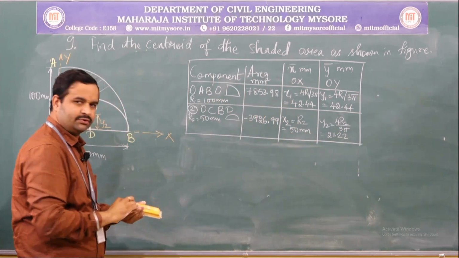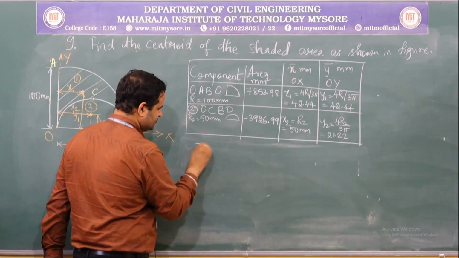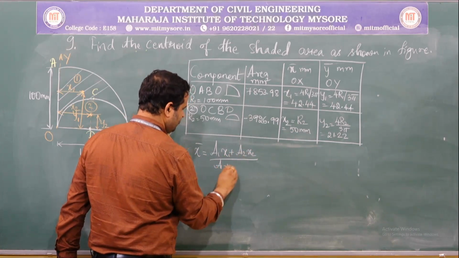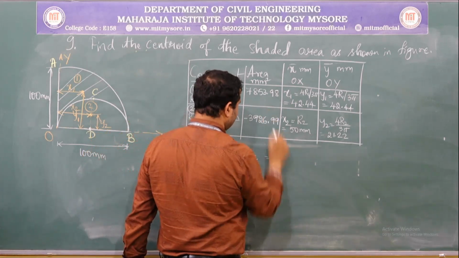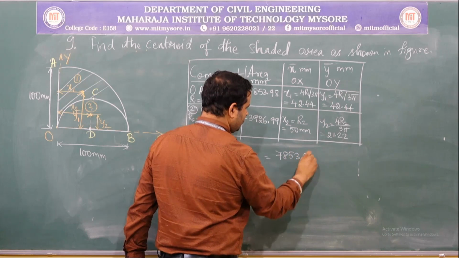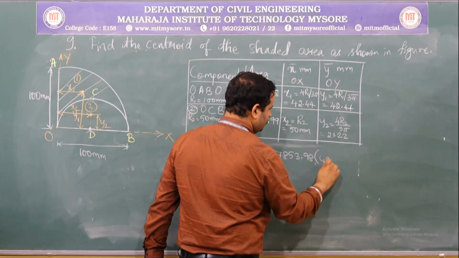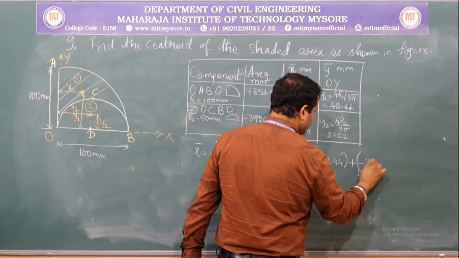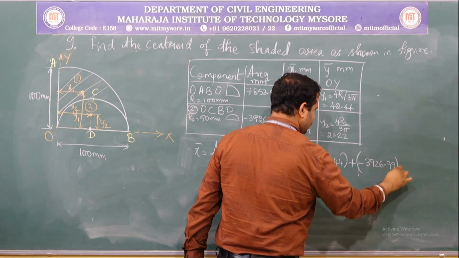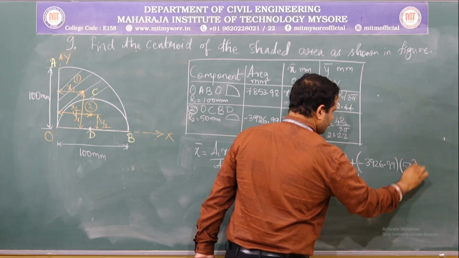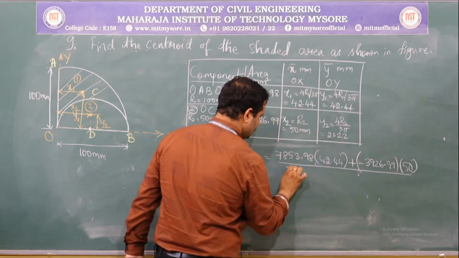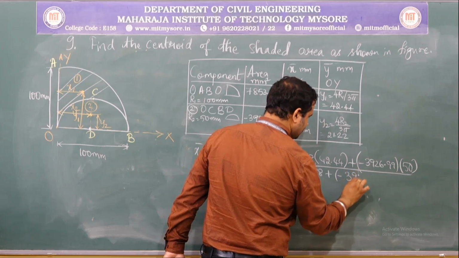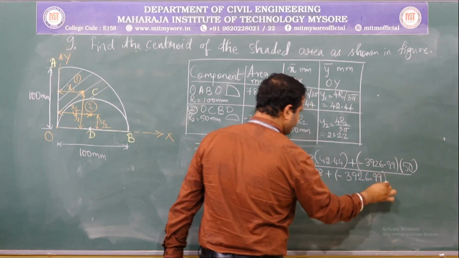So now substituting all these values to calculate x bar, a1 x1 plus a2 x2 divided by a1 plus a2, which is equal to a1 is 7853.98 into x1 42.44 plus a2 minus 3926.99 into x2 50 whole divided by 7853.98 plus of minus 3926.99.